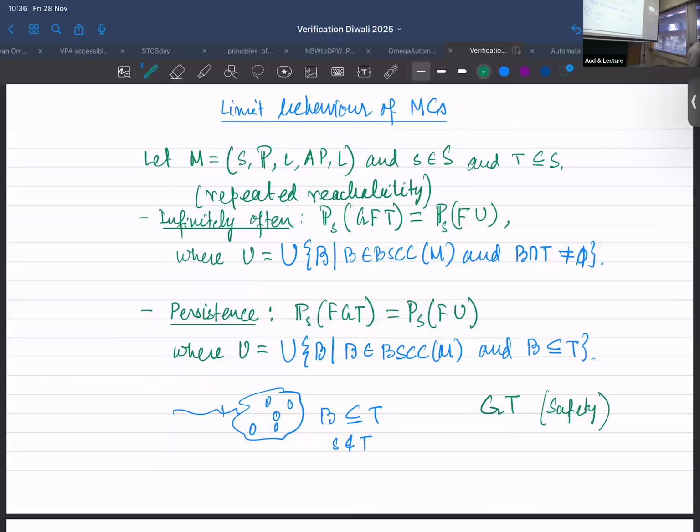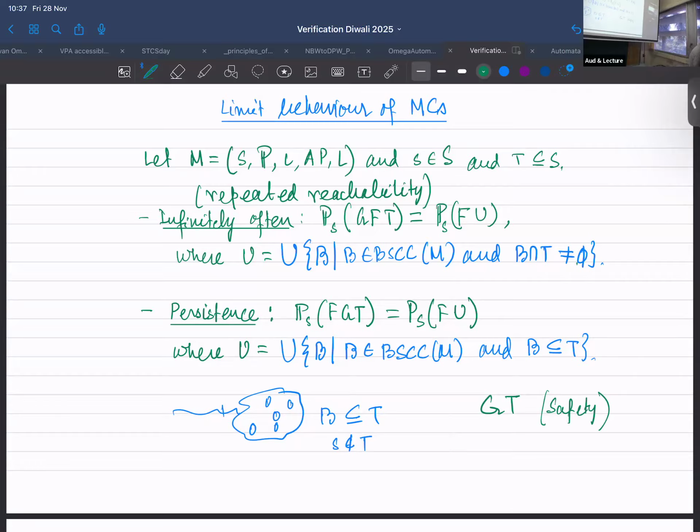Because you are saying I'm always inside T. Going outside T is unsafe. Globality is like a safety property. FGT, eventually globally, is like initially I can be outside, but finally I'm going there. So it's like a co-Buchi or called a persistence. Infinitely often is like a Buchi property, repeated reachability.